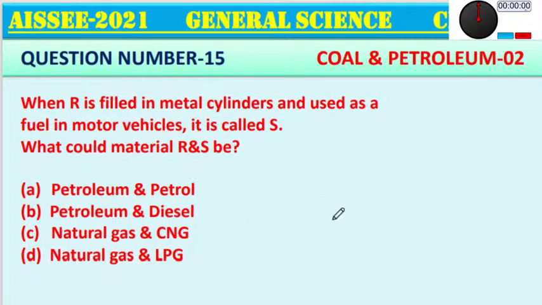Now the last question for this session, question number 15.